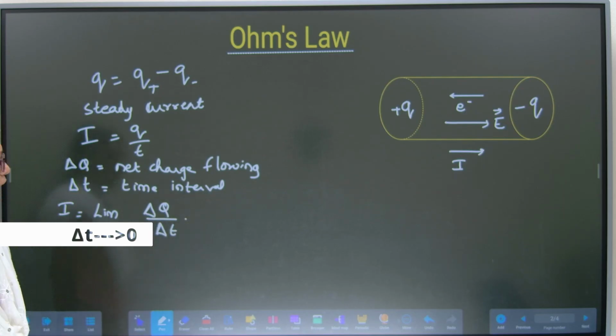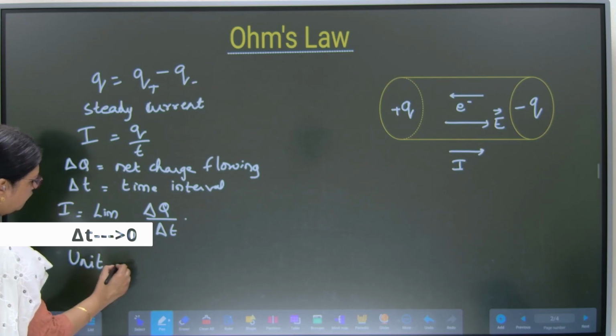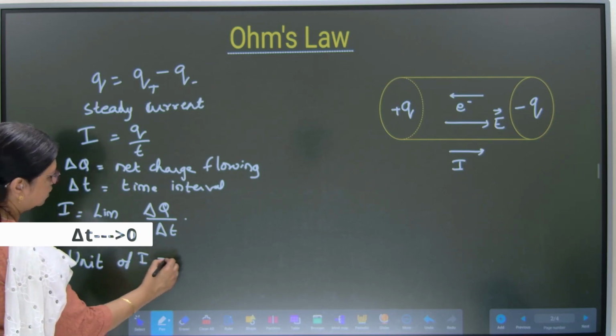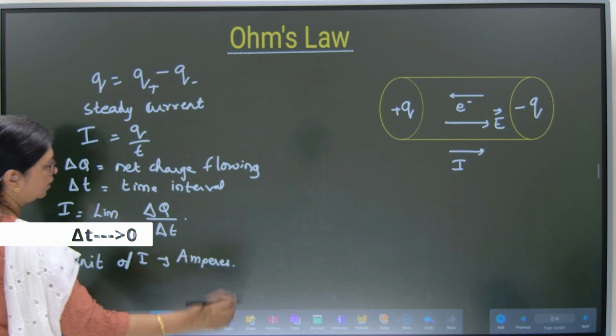Fine. Okay. The unit of current is amperes.